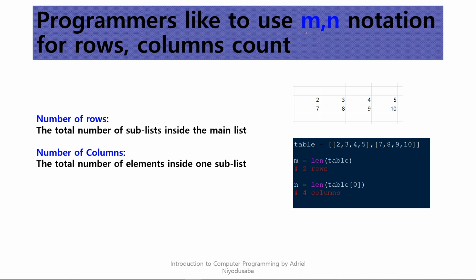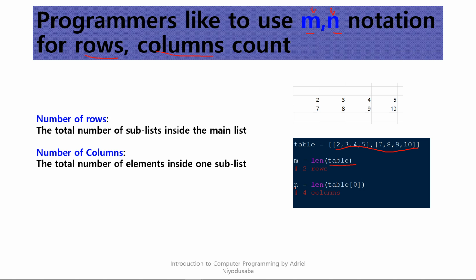So the number of columns is how many items we have inside the sublist. Now programmers like to use M and N to represent the total rows count and total columns count. M is usually used to represent how many rows we have, and N how many columns we have. Now there is no rule to do this, it's just something which ends up being so popular. So if you have a table like this, we can calculate the number of rows and save it to M. So M is equal to the length of table, which will count how many sublists we have, which is 2.